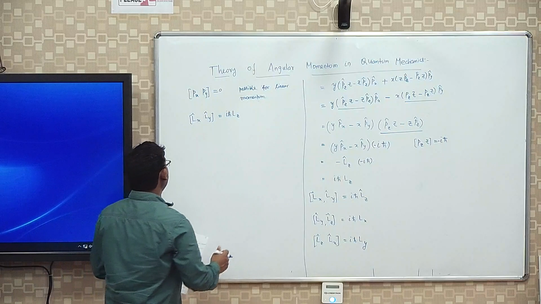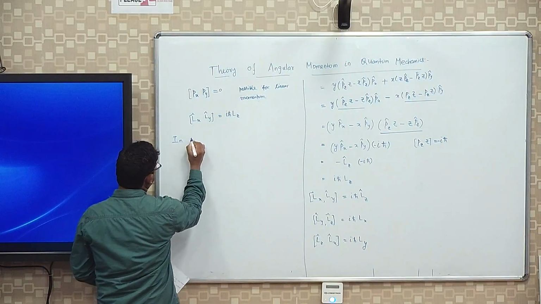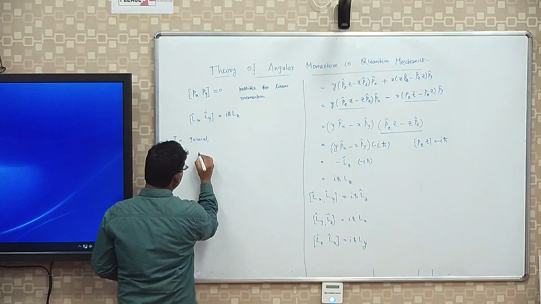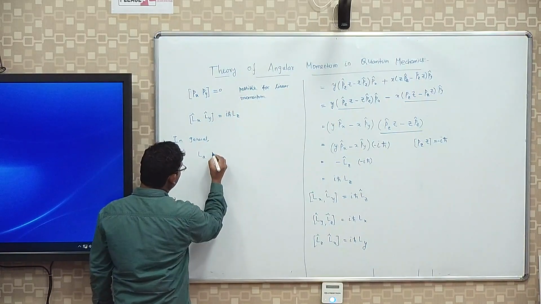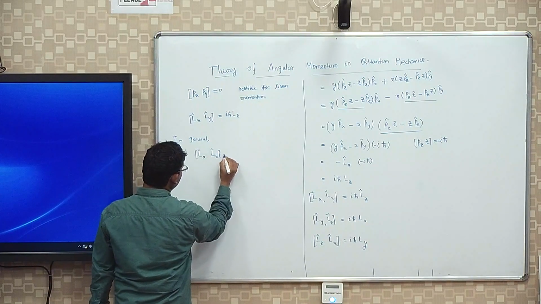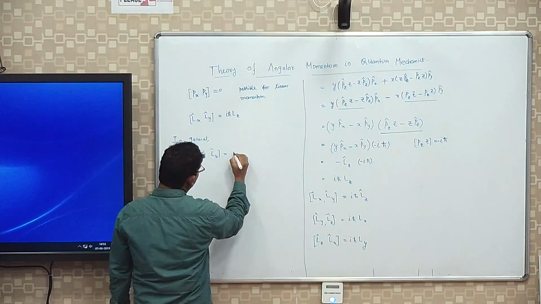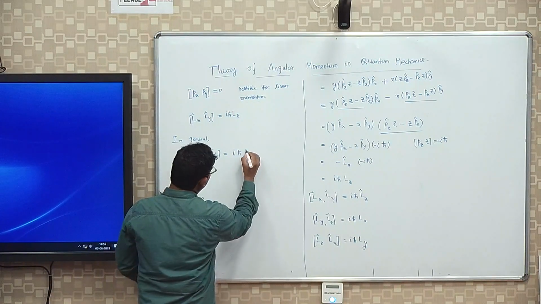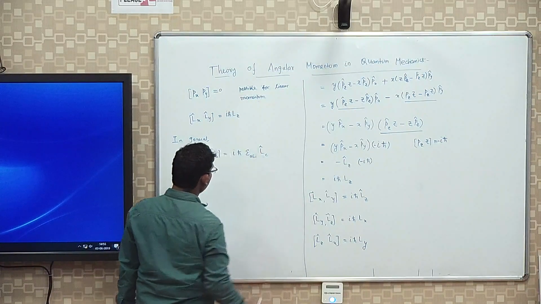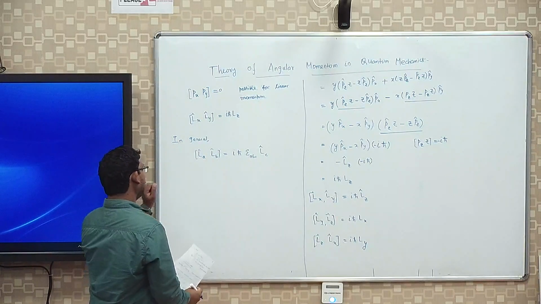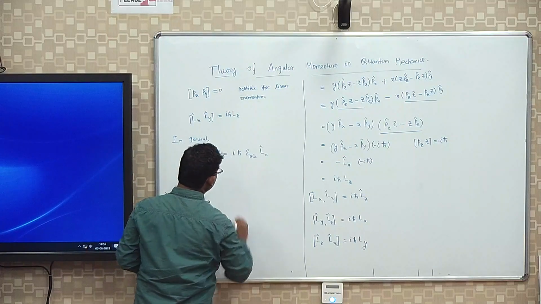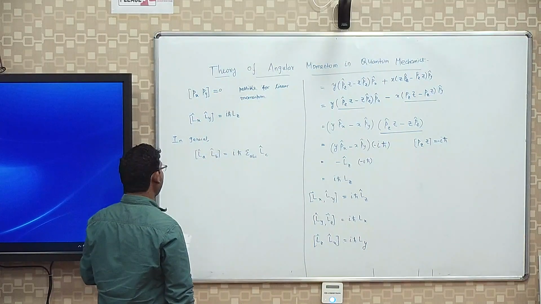So in general we can write, for example, the angular momentum in the A component commute with the angular momentum of the B component will give i h cross the angular momentum in a third component Lc, here with one coefficient epsilon ABC, called the Levi-Civita symbol.